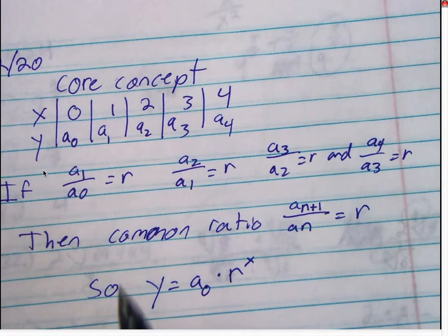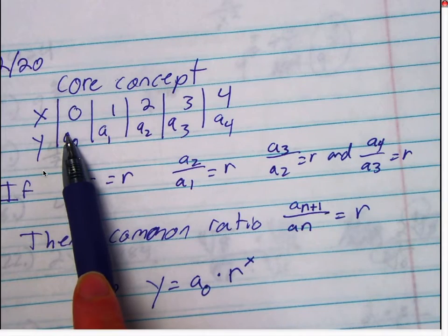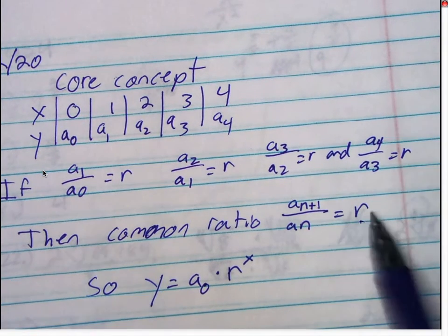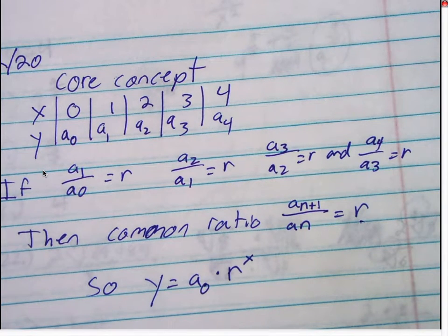Okay, so this y value right here times this r to the x would be our equation. Okay, so now we're going to do an example. This is just our abstract core concept. What is n? N is a number, or it's raised to that power.